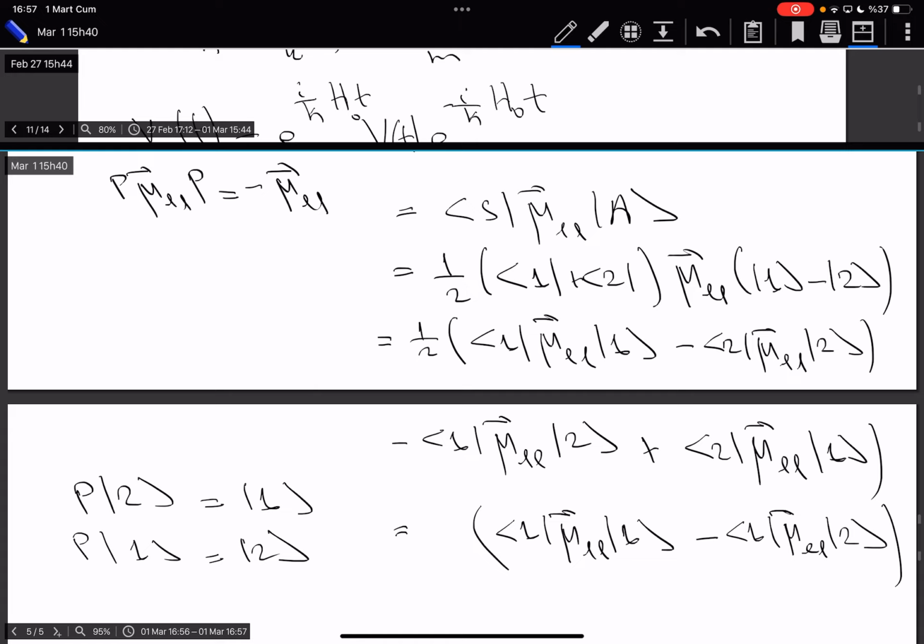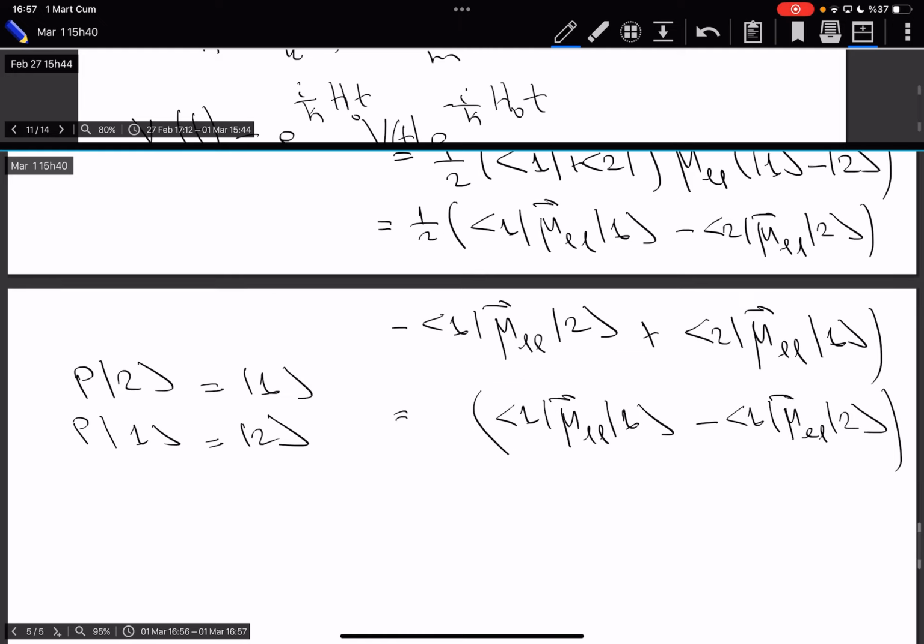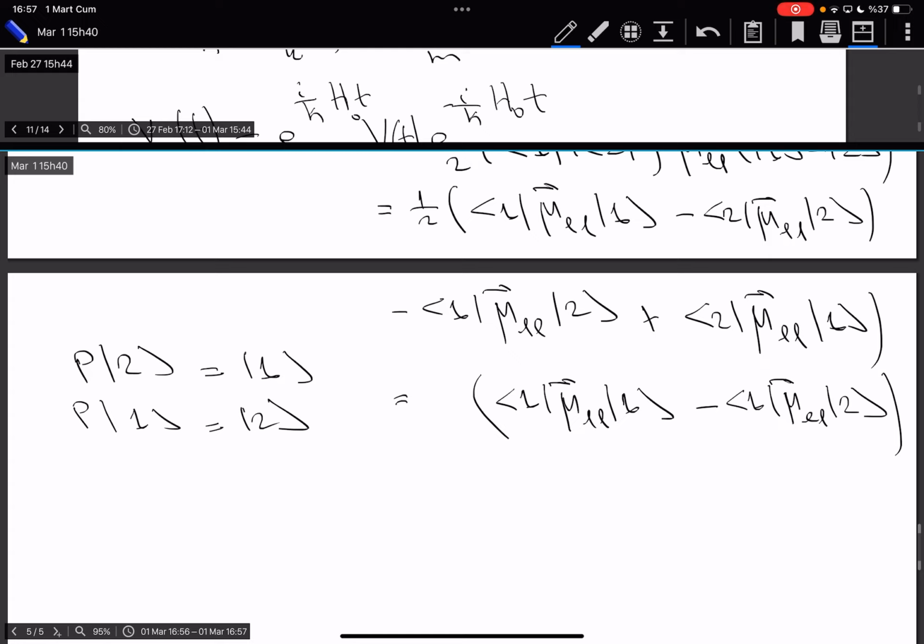and there is no reason for these two terms to be equal to each other. In fact, I would expect them definitely to be not equal to each other. No, parity of 2 to 1, parity of 1 to 2. Do they pick up the same phase? Now, p squared has to be 1, yeah. So in principle, I can put an eta over here, and let's say here, then I will get 1 over eta.